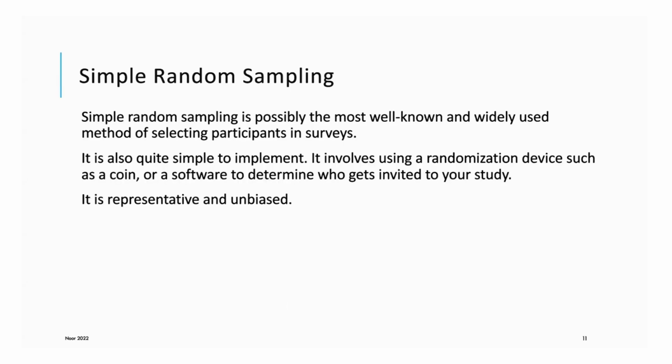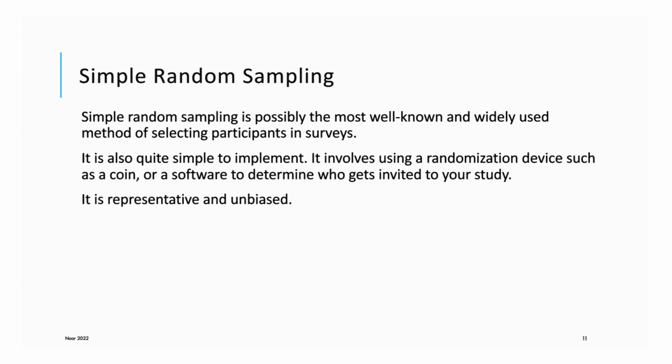So the first approach to developing a sampling plan that we will talk about, the first sampling approach, is simple random sampling. And true to its name, it is the simplest way of selecting a probabilistic sample from your sampling frame.